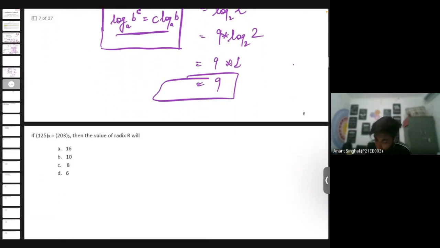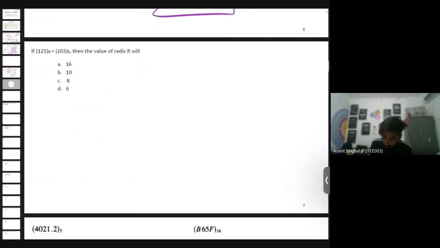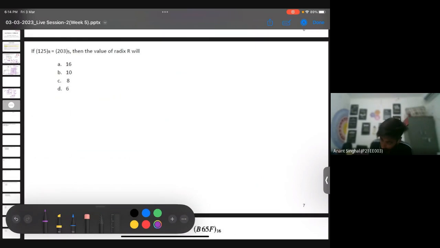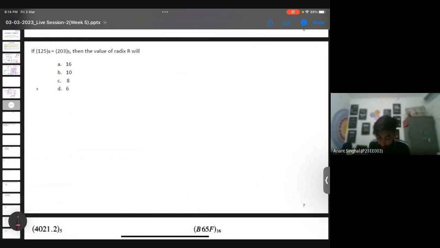Okay, so let's move to some more problems. This is one of the problems from radix, so I'll try to solve it. It says 125 to the base r is 203 to the base 5. So we need to calculate its radix 5. Radix or base, these both are the same thing.